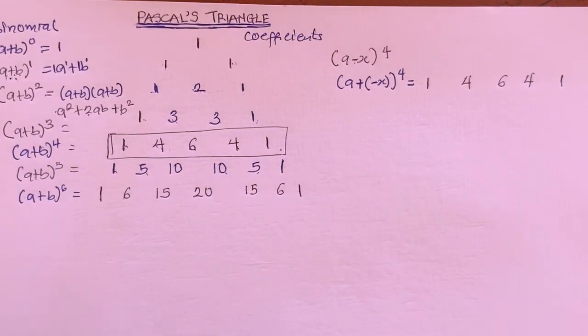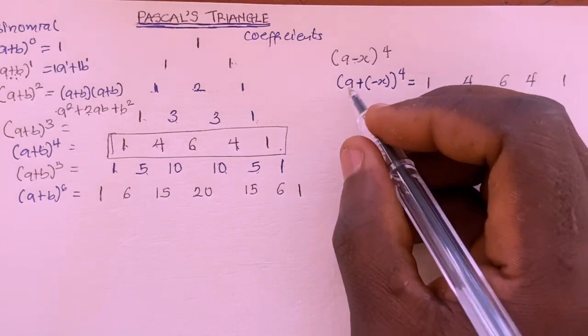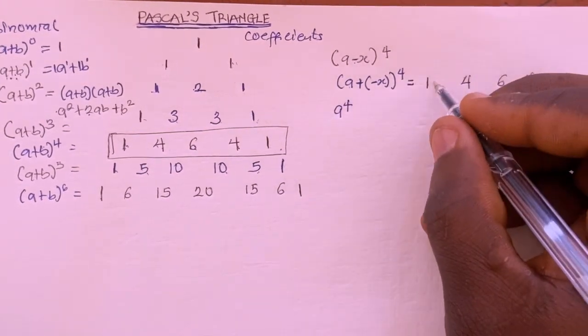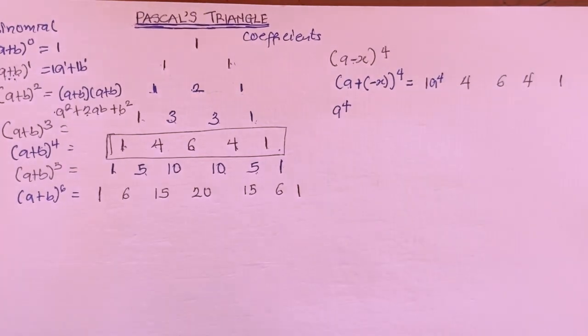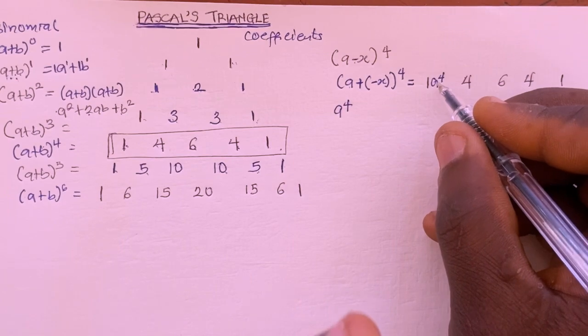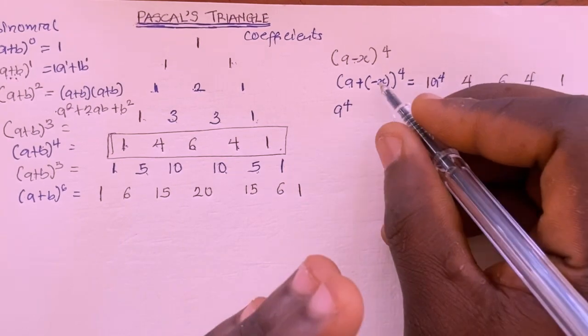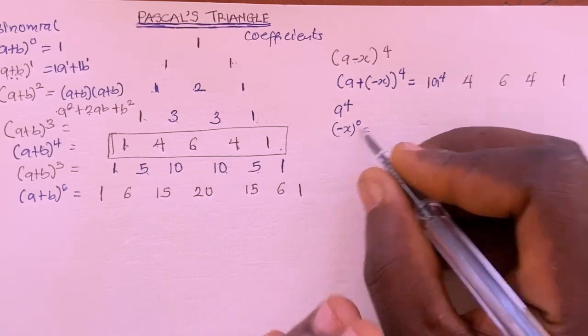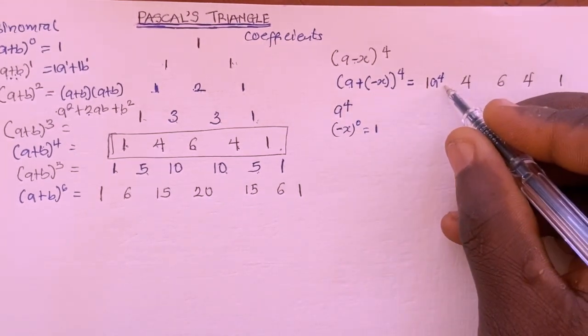Exactly. So the first term that I'm having is a, and I'm going to raise it to the power of 4. Then the power of minus x, I'm going to raise to the power of 0. That's actually 1, so there's no need for me to write it here.